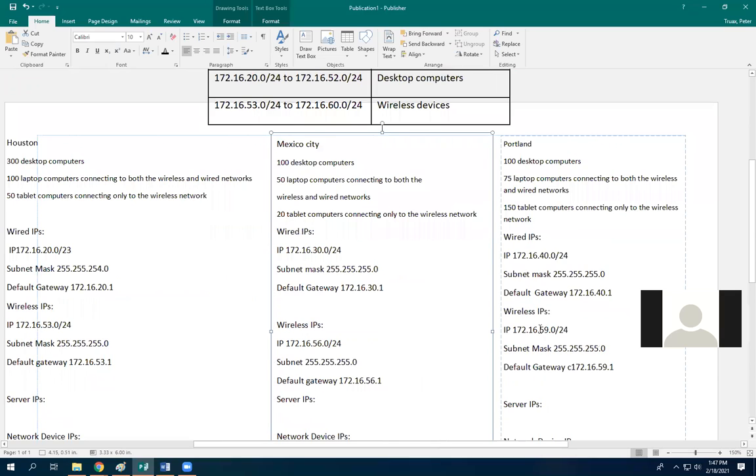And if I wasn't careful, I was associating the city for the range, and that was incorrect. Right. Well, you can do the city thing with the wired, but they don't give you enough addresses to do that with the wireless. So you kind of have to finagle it as best you can to squeeze in the numbers to make it work.